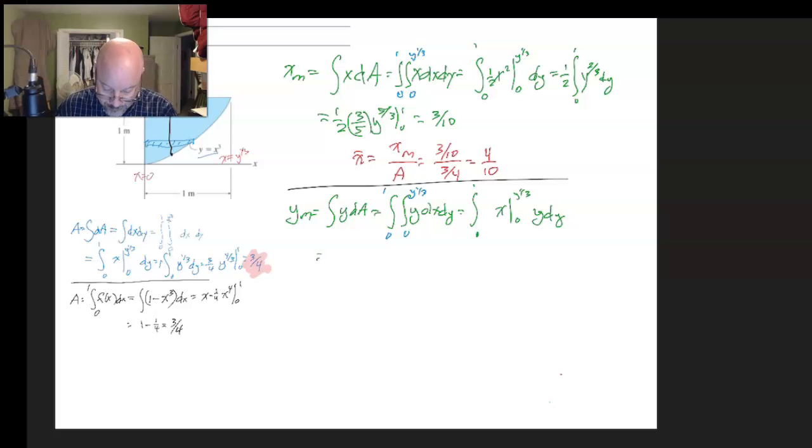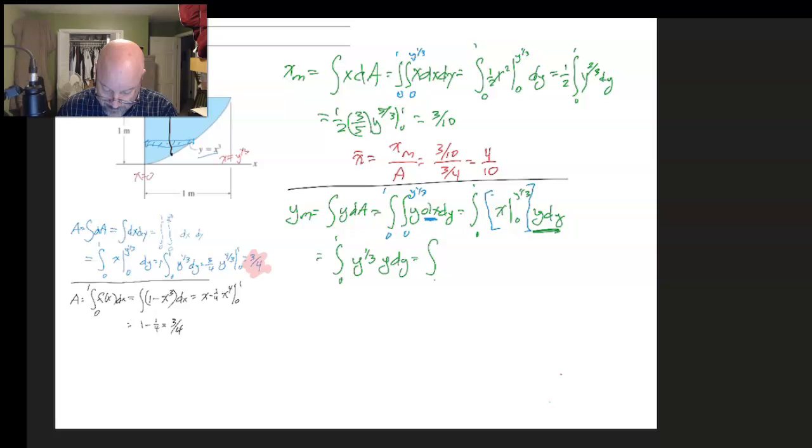So what I get back is y to the 1/3. So I'm going to have 0 to 1, y to the 1/3. Then I can't forget these parts, y dy.